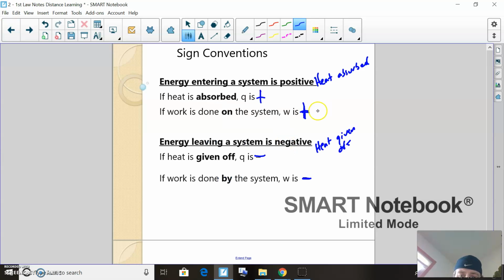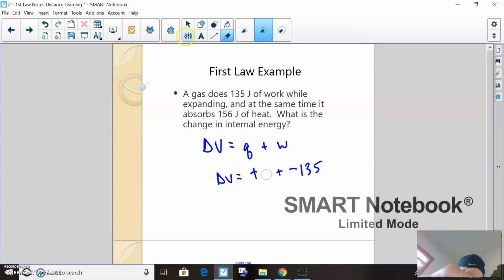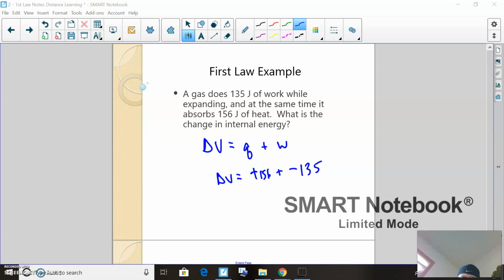Work is being done by the system, so it's negative 135. And it absorbs, meaning it's getting 156 joules, so plus 156. Sorry, I wrote that wrong. So I can calculate the internal energy.